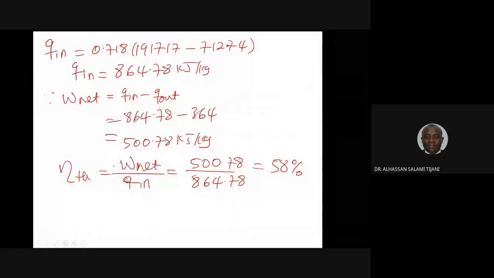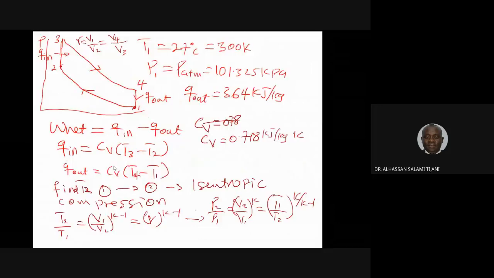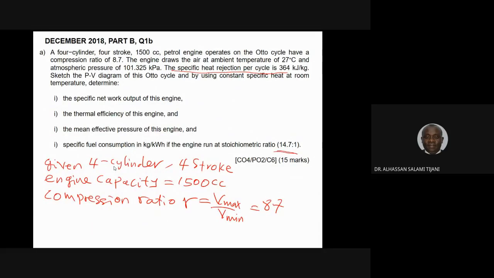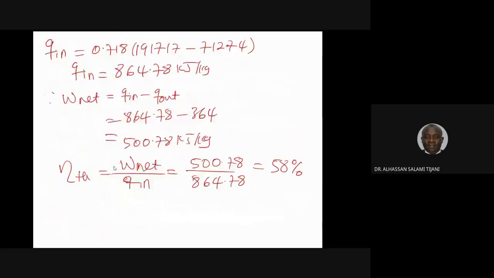Now, the next question is to determine the mean effective pressure of this engine. Okay, so let's move to a fresh page. So mean effective pressure, MEP, is the net work, W net, divided by V1 minus V2.